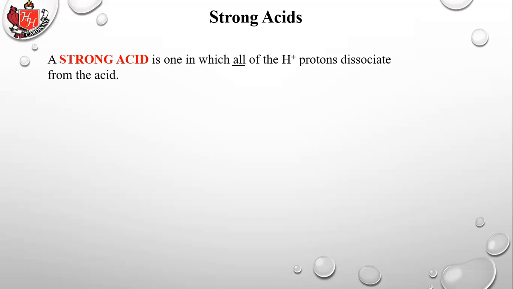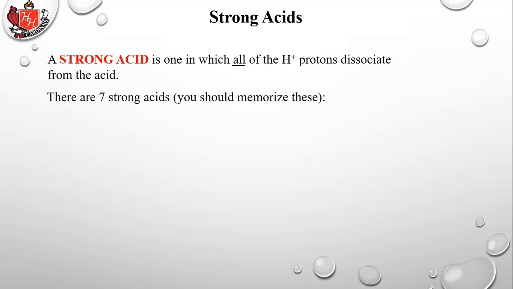A strong acid is one in which all of the H plus protons dissociate from the acid. So if you put a million hydrochloric acid molecules, a strong acid, in water, all million are going to give up their proton, each one to a different water molecule.